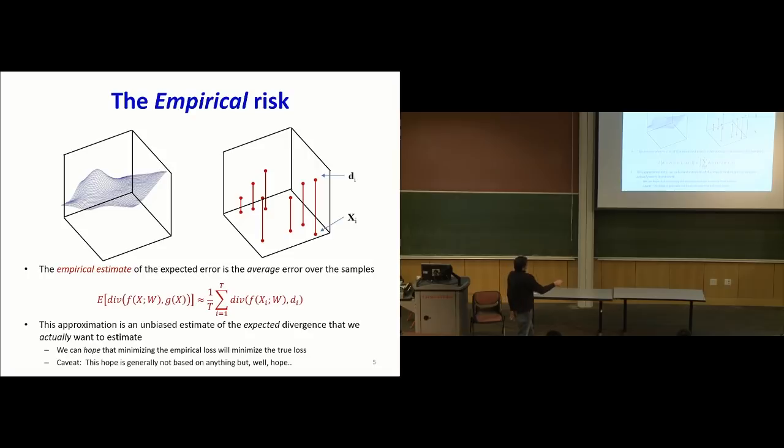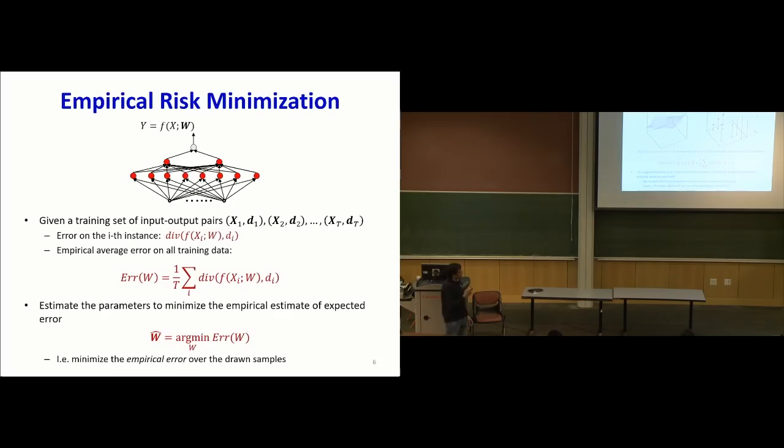And this we will use as an approximation for the expected divergence between the output of the network and the true function. Now, this is our best guess, given our training. We cannot really do better than that. So the hope is that by minimizing this error, we will actually be minimizing the expected divergence. There's no guarantee that this is going to happen. This is the standard approach.